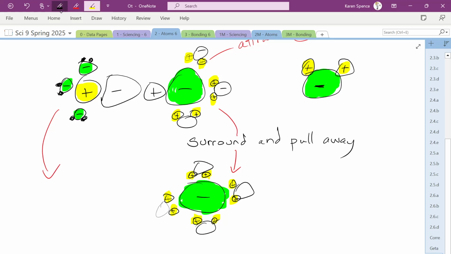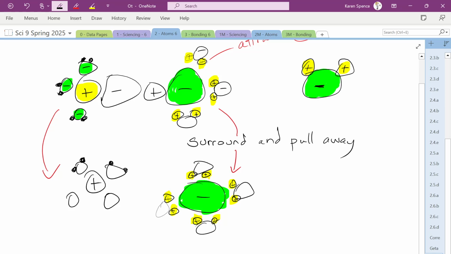And you end up with your little positive ion surrounded by the oxygen ends of the water, which are negative. Which is pretty cool. At least I hope you think that's pretty cool.